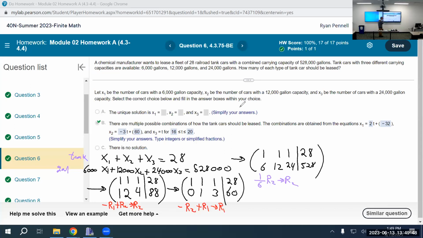That would turn that into a 0. Would be 0, -2. Is 60 plus 28.